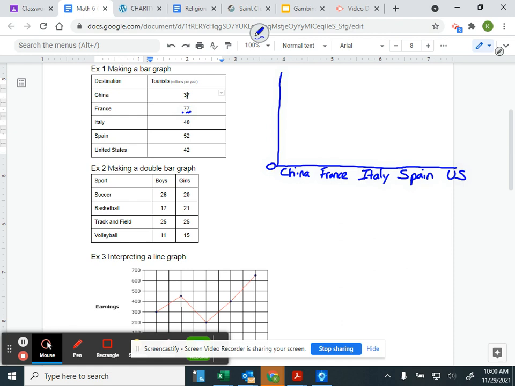I think we can make our jumps a little bit smaller. What do you think, Tristan? 10. Maybe by 10s. So we could say 0, 10, 20, 30, 40, 50, 60, 70, 80. So that fits in there well.